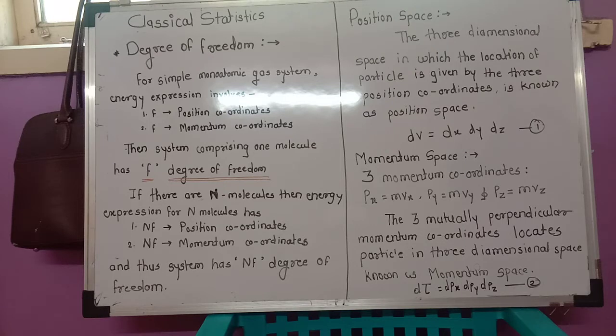In a static system, every particle is fixed somewhere in the given volume, at various positions. In a dynamic system, every particle is continuously moving with a certain velocity v, in other words with a momentum p.